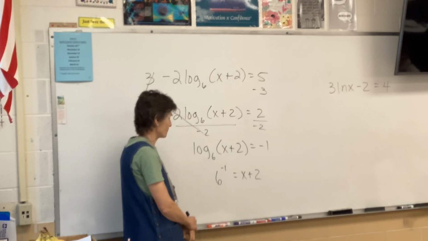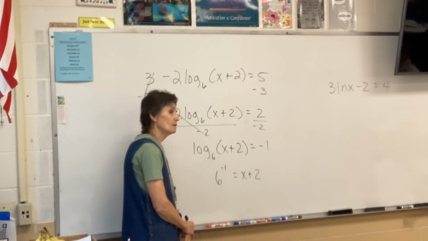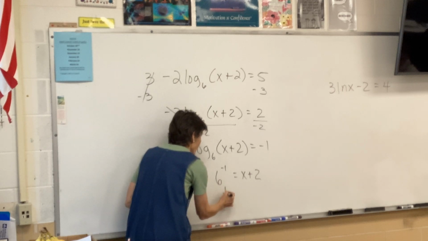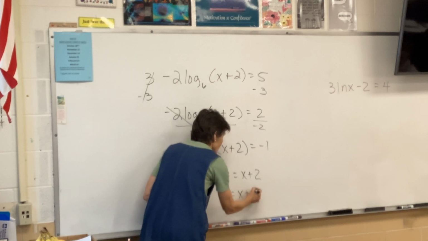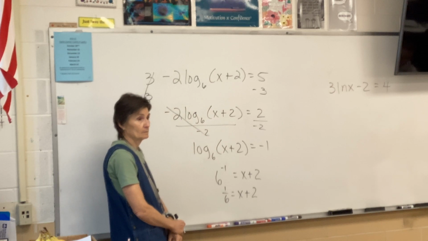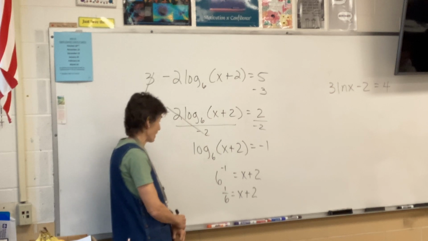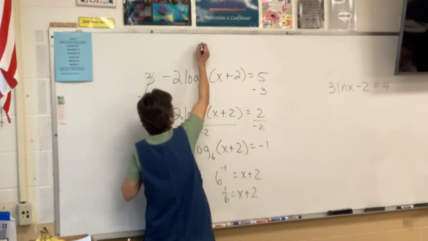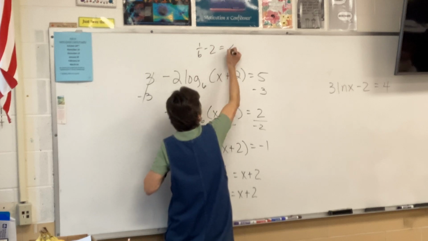What's 6 to the negative first mean? 1/6. So 1/6 equals x plus 2. And then what? Subtract 2. So 1/6 minus 2 equals x.